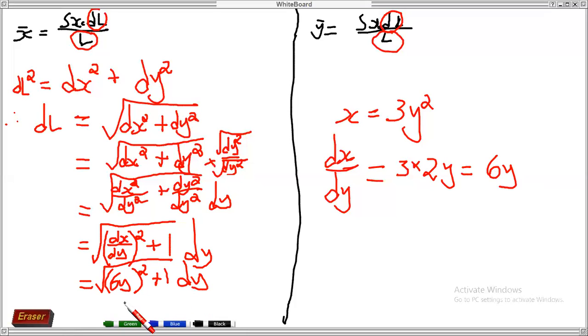So something like that. Then this can become 36y squared plus 1. Then you put the square root, and dy is outside the square root. So you end up with something like that.